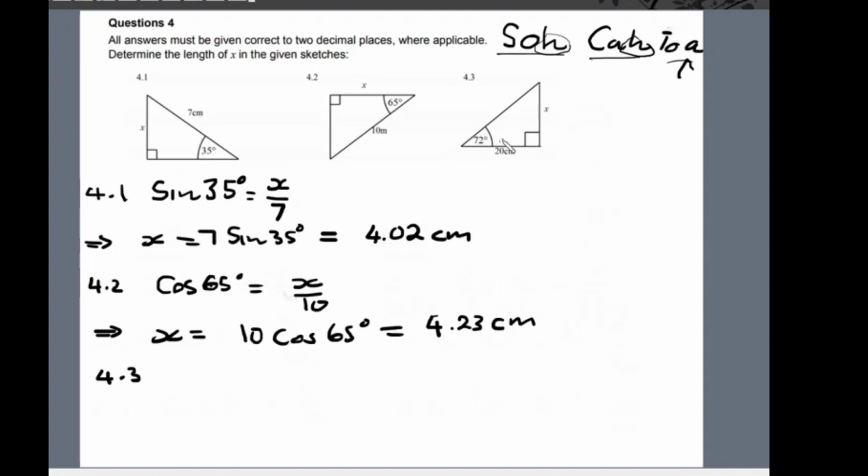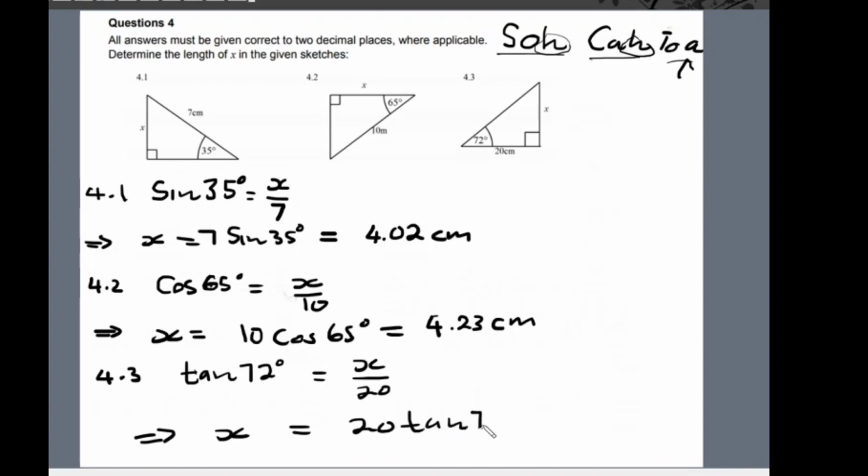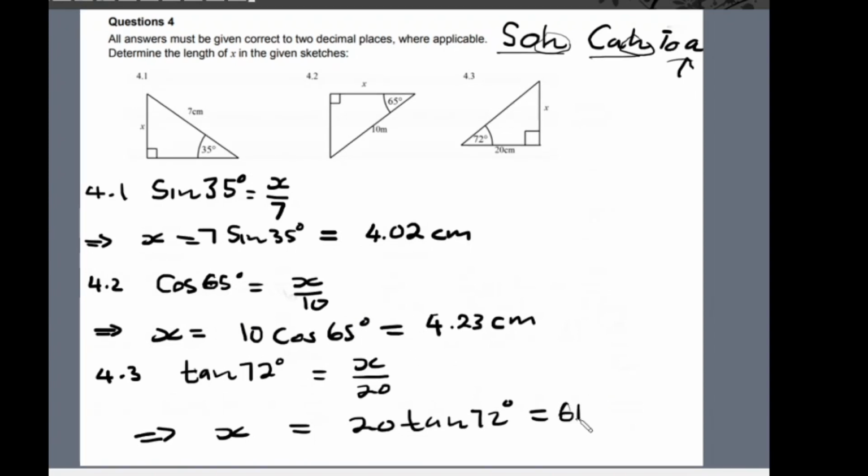If we take tan 72, that will be x over 20, which implies that x is equal to 20 tan 72, which is equal to 61.55.